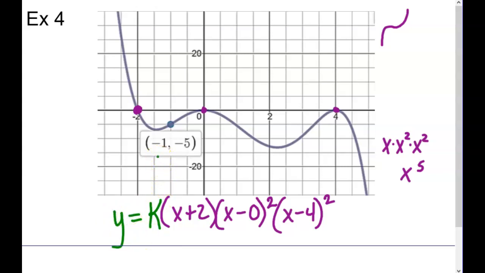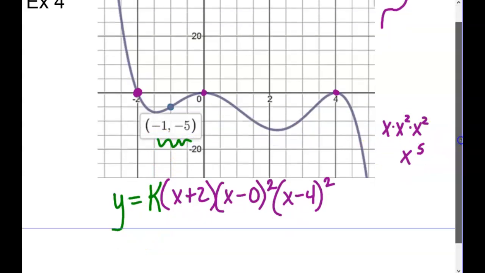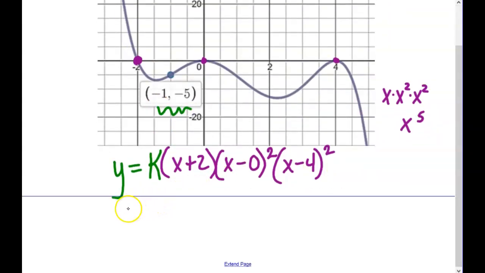What point do they give us? This one? -1, -5. Okay. So we're going to put that in for x, that in for y real quick.